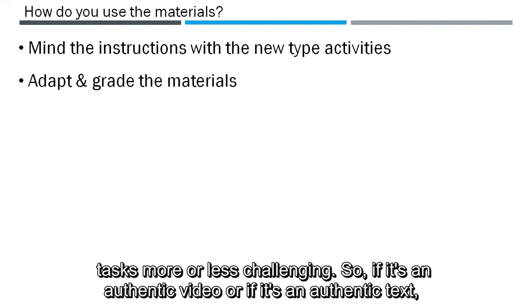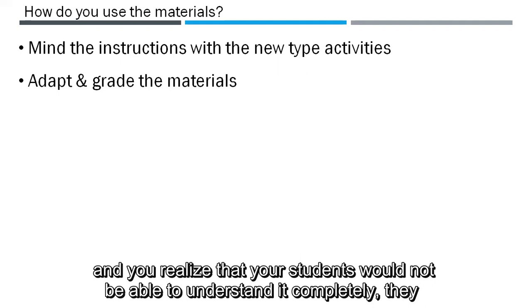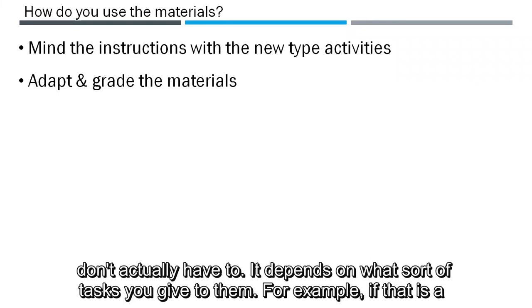So if it's an authentic video or an authentic text, and you realize that your students would not be able to understand it completely, well, they don't actually have to. It depends on what sort of task you give to them.